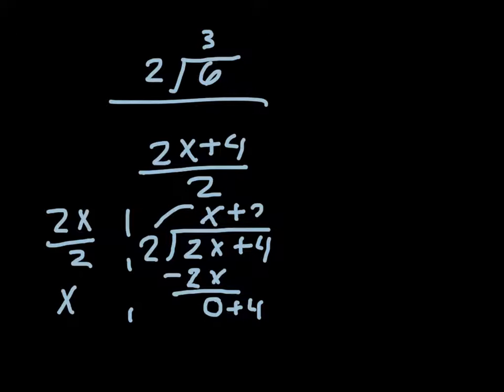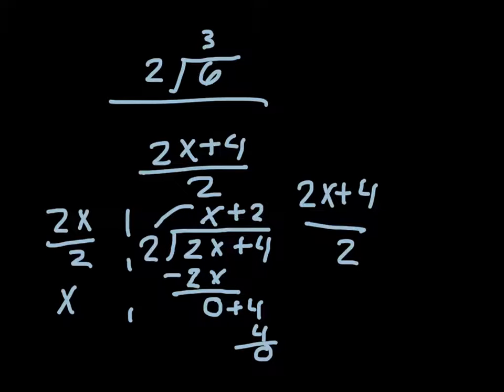So you add the 2, and then you multiply, and that's 4. Then you have 0. So this is telling you that 2x plus 4 divided by 2 equals x plus 2 with no remainder.